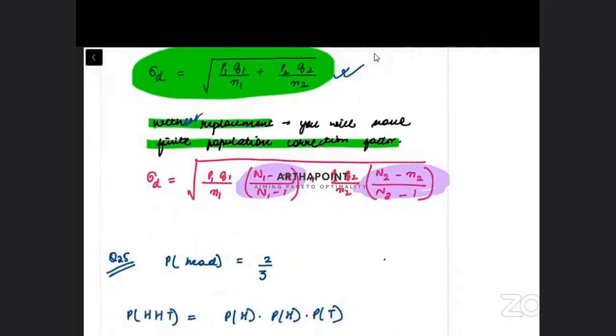These would be my correction factors. Just like we did in the above question. Everywhere you see without replacement versus with replacement, you have to make sure that you include this correction factor. That's the only trick to these questions.